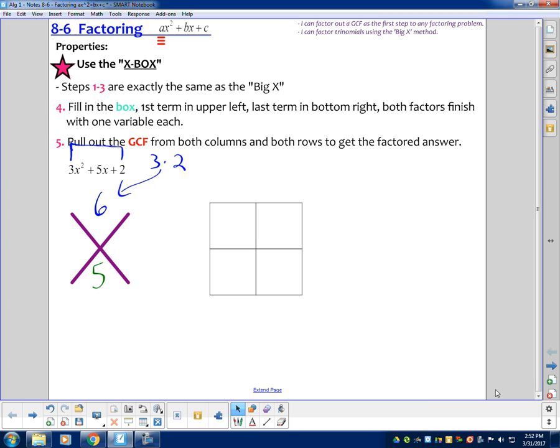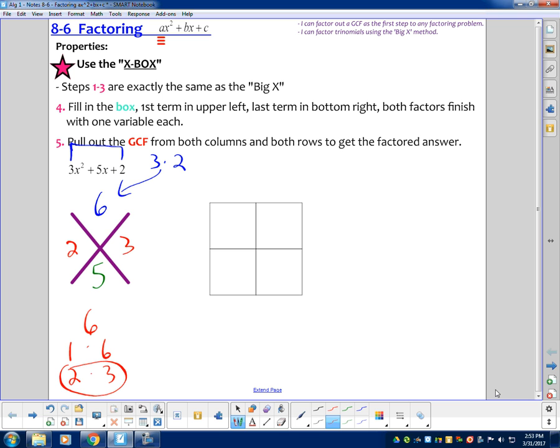And then the third step was to find those values. So we think of all possible factor pairs of 6, like 1 times 6, and then 2 times 3. And we're going to take the factor pairs that actually add to equal 5, so the 2 and the 3 work. So all of that is the same as before.